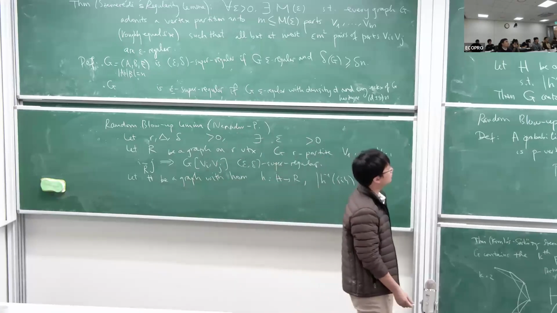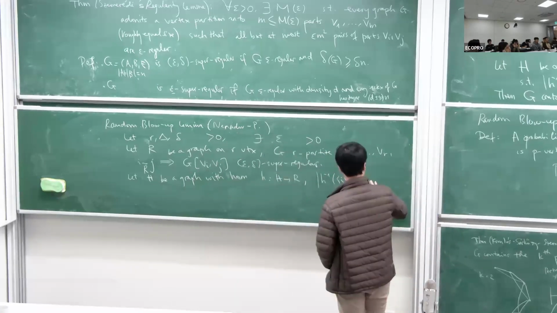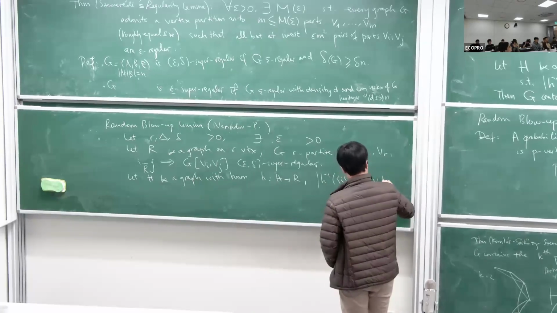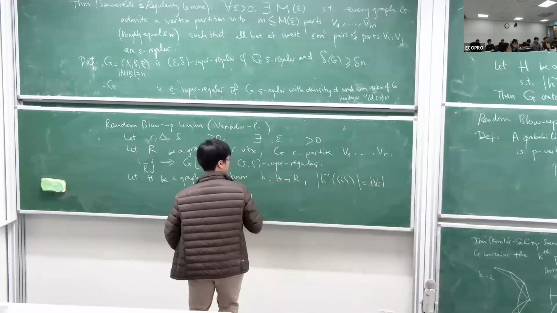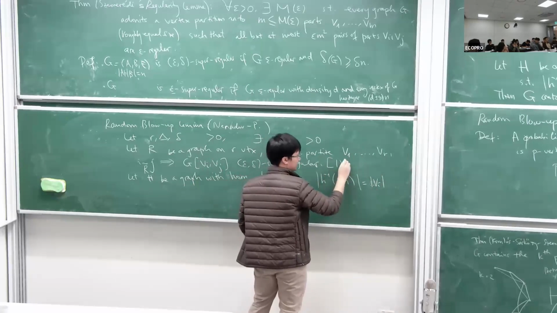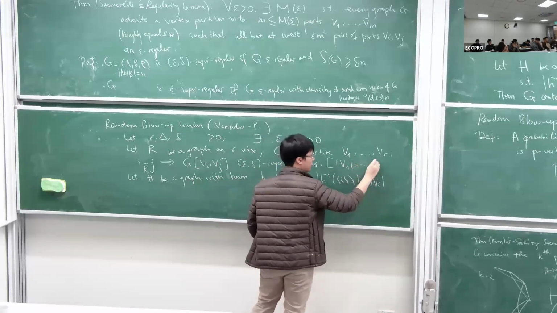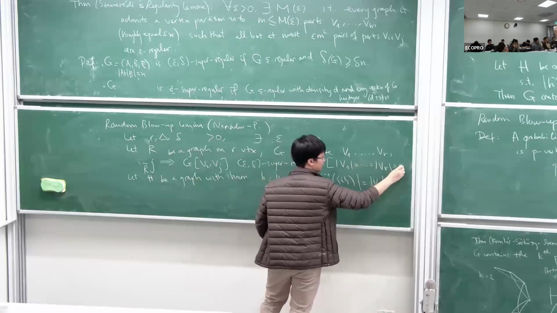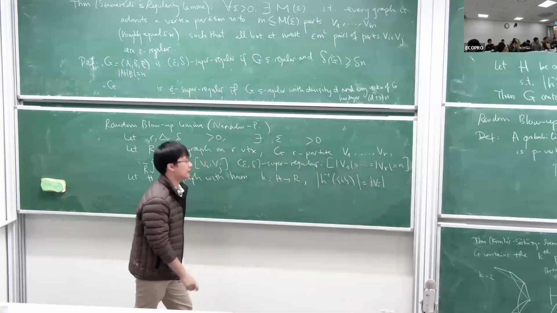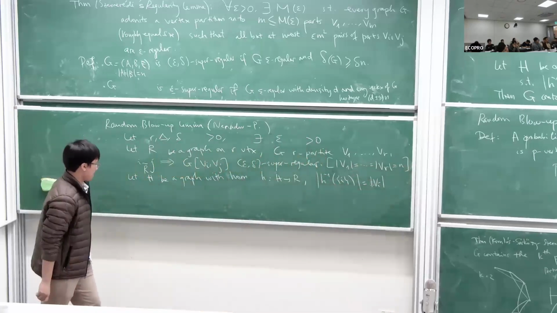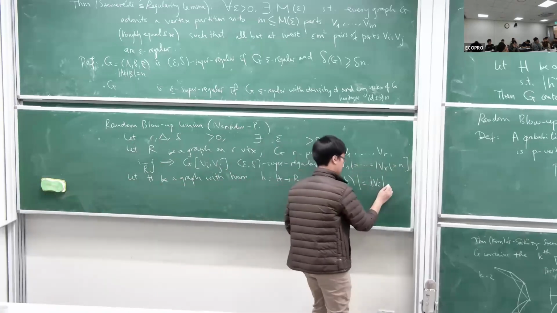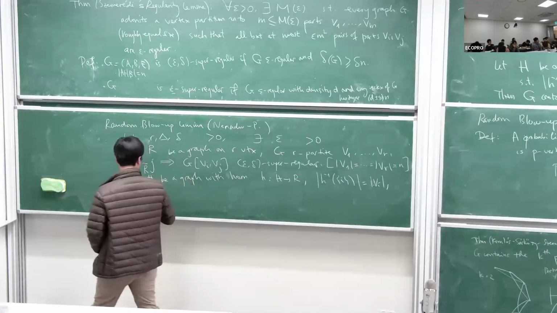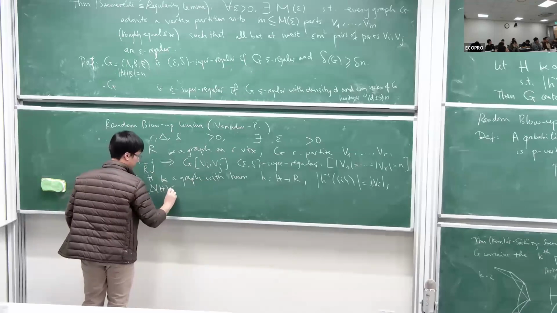Actually, in all of the cases, let's always make this assumption, which we can in most cases, that all of the vertex parts are equal and they are equal to n. And of course, the important condition is that H has bounded degree.